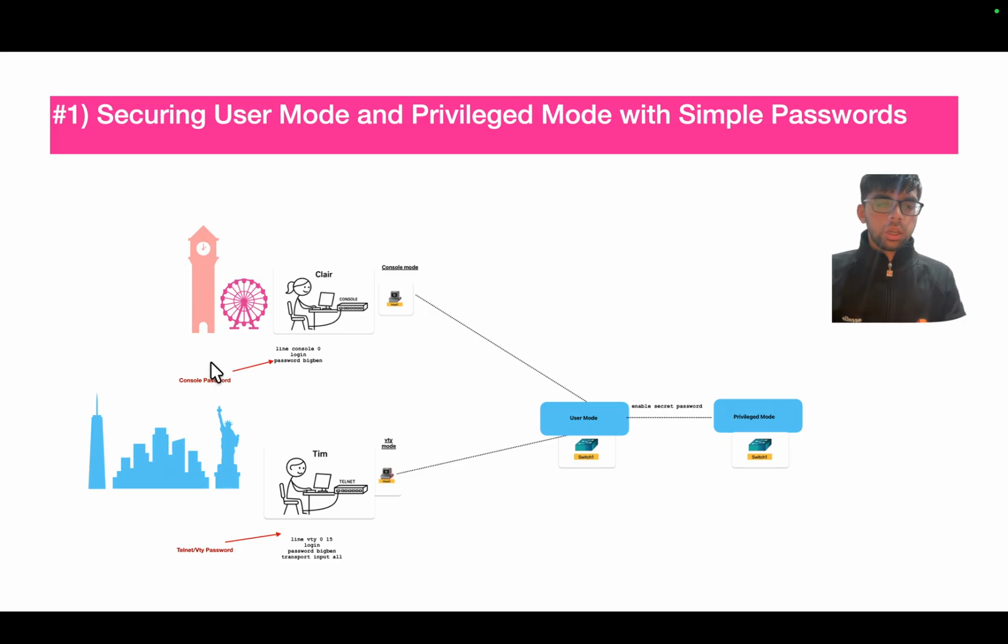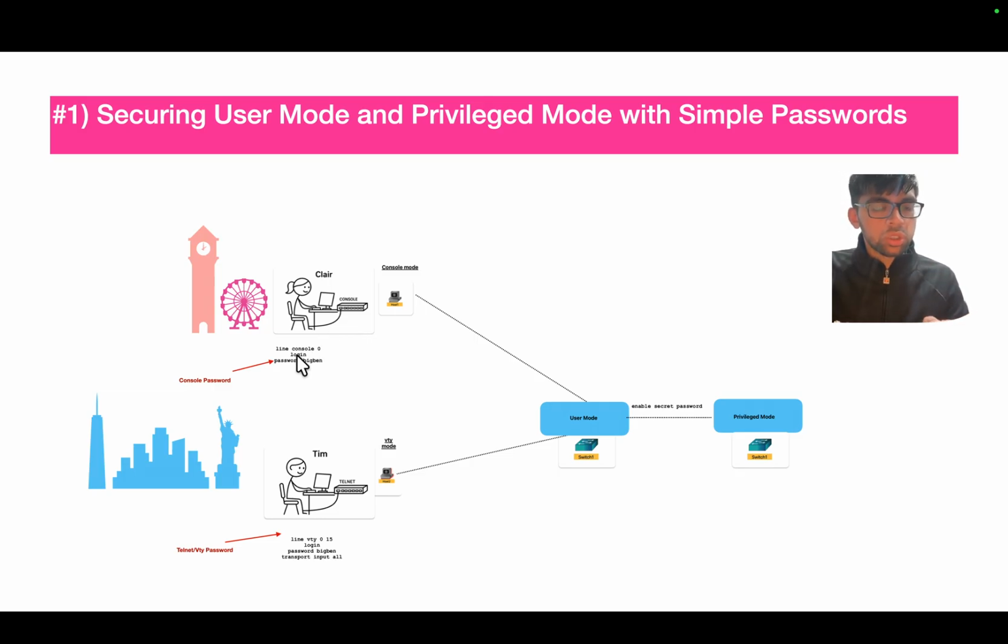Let's look at the first way we can secure switches, which is securing user mode and privilege mode with simple passwords. In this case, you've got young Claire. Claire is a Cisco enthusiast. She lives in London, England, my country, and she loves Cisco. She has a switch in her home and connects to it via console cable, but she wants to add a little bit of security, some password security.